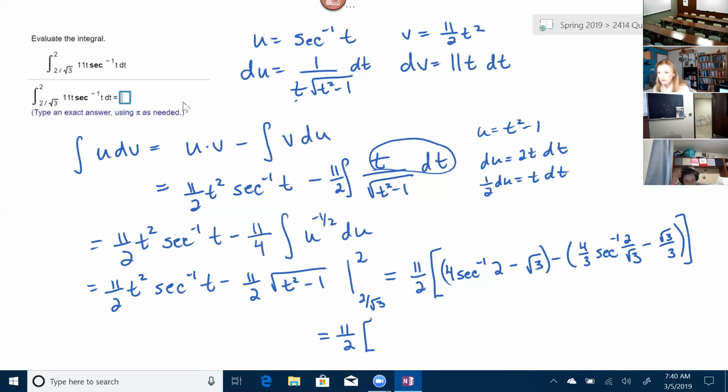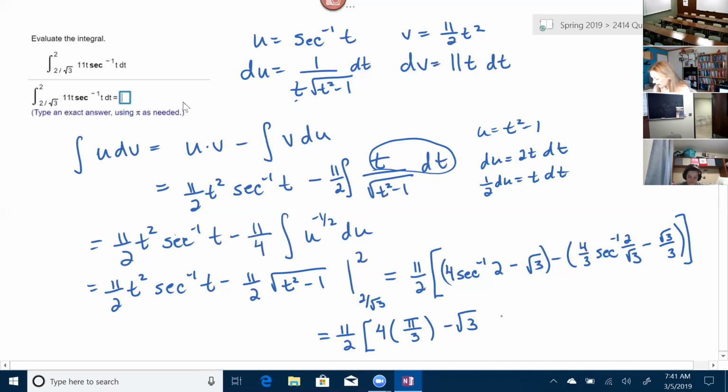Secant is the reciprocal identity for the cosine. So that's the same as thinking what angle gives me a cosine ratio of 1/2. And what is that? I got pi over 3. Perfect, yeah. You can look on your unit circle to see that.